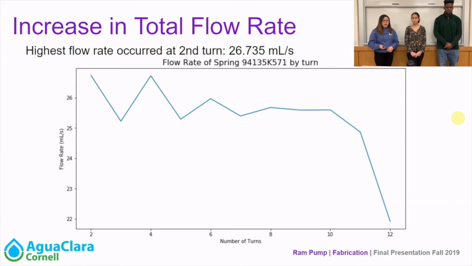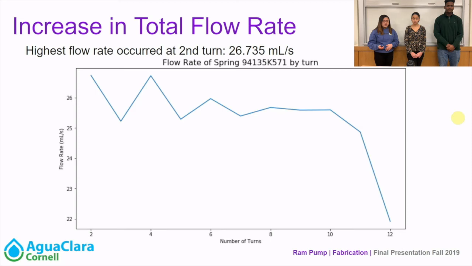And you can see from this figure that there's a general trend of the flow rates increasing very gradually in the beginning with the number of turns, and then dropping significantly from the fifth turn onwards.